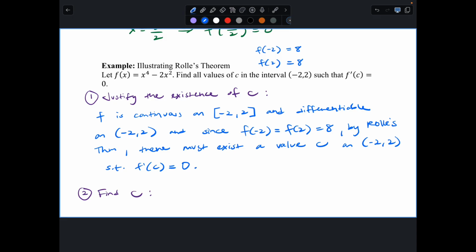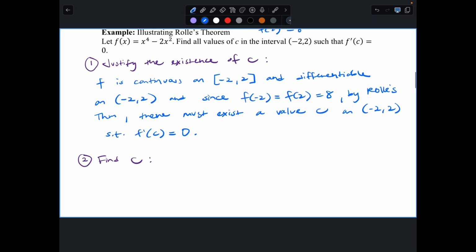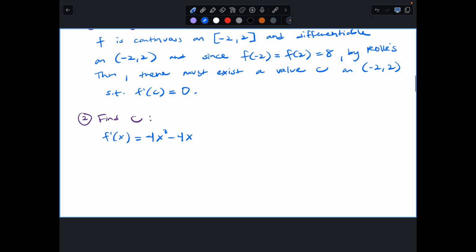Okay, so we know that there is at least one C because the conditions for Rolle's theorem apply. And now we can find the location or locations where those values would occur. So we can find f prime, and then we are setting f prime equal to 0.